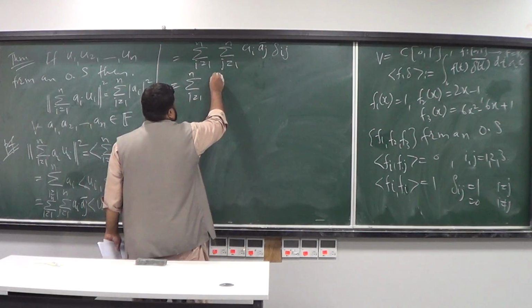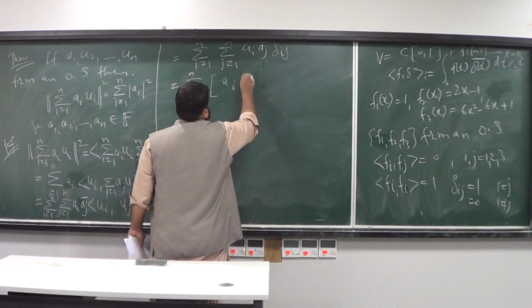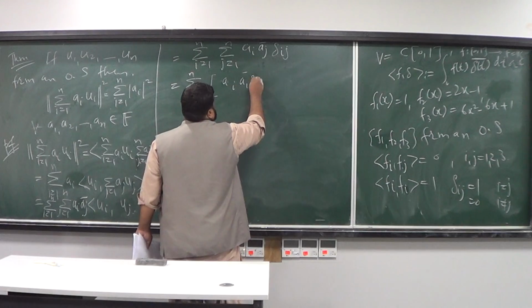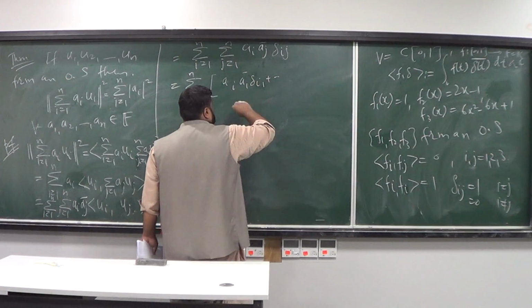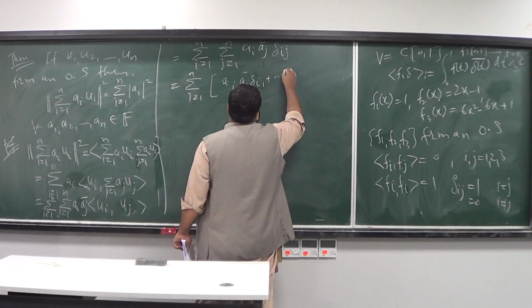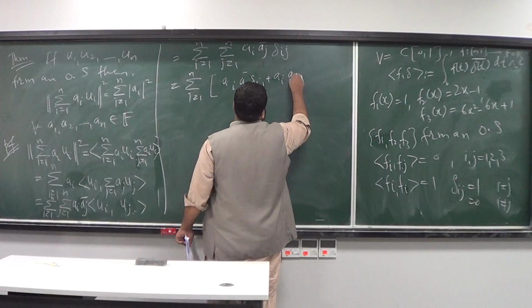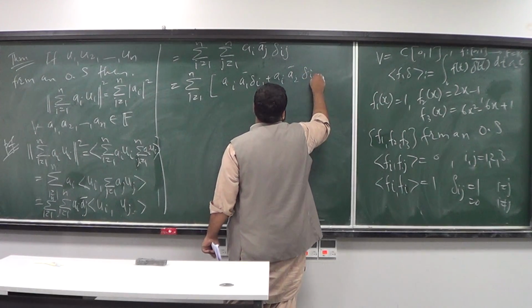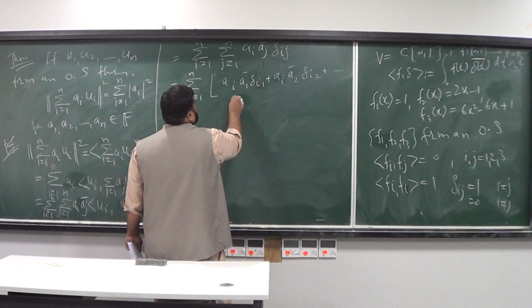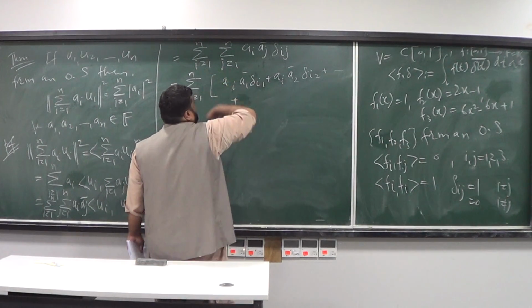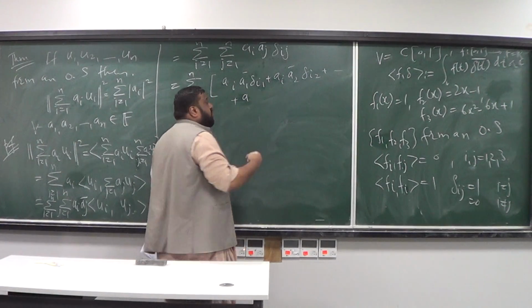Since this index i is between 1 and n, in this sum at some place i would also appear.